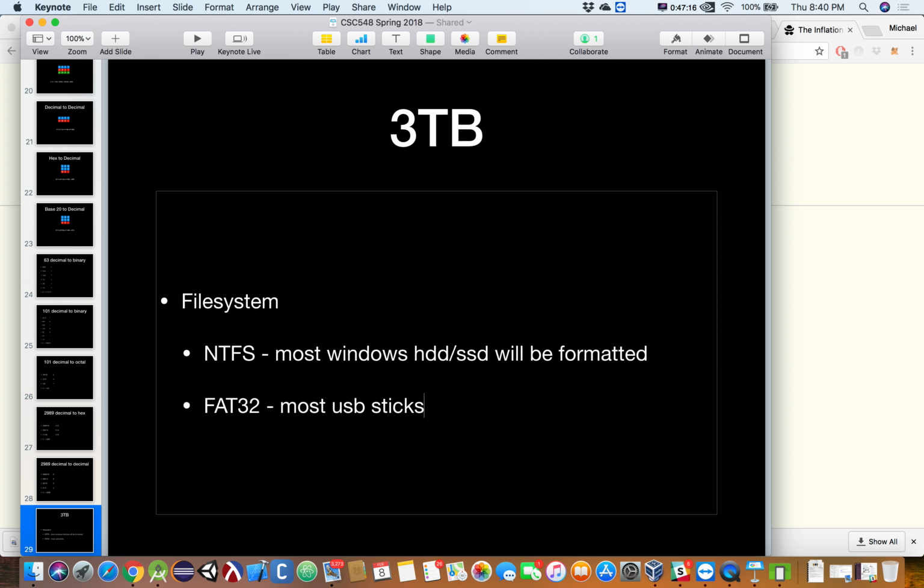Back when FAT16 was the standard file system, we were talking about the cost of memory and things like that. What's the smallest hard drive any of you remember? The smallest hard drive you've ever owned, an actual hard drive that goes in the computer, not jump drives. 4 gigabytes?